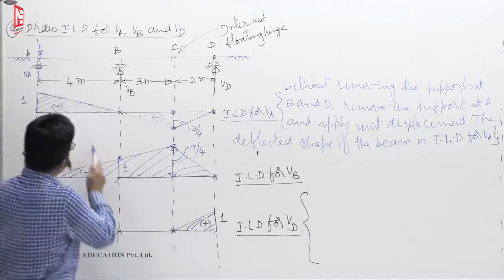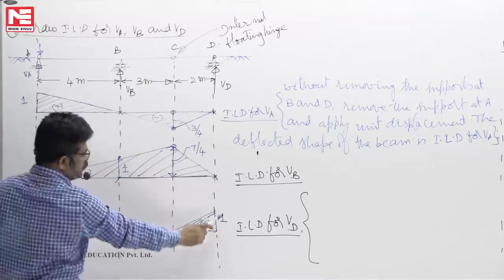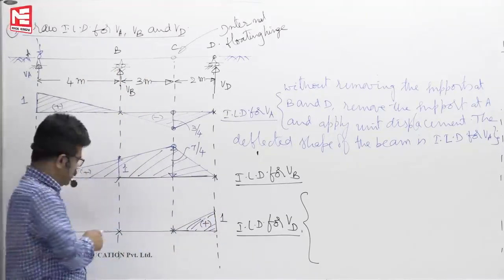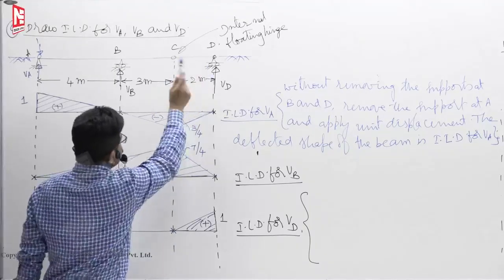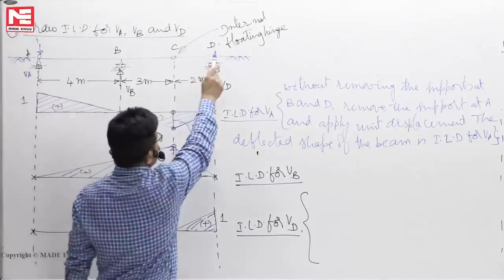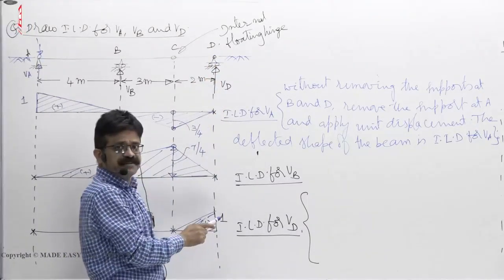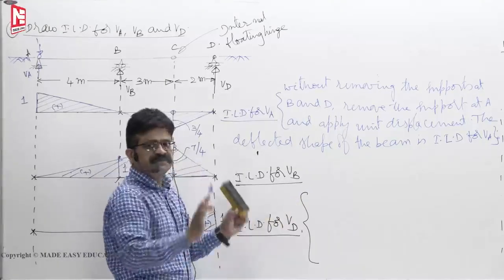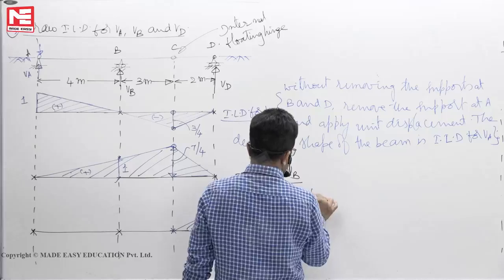That means as the load is moving from A to B to C, its influence on reaction at D is nil. See here, reaction is 0. But once the load crosses C, its influence on reaction at D is like this. When the unit load is at D, its influence on VD is 100%. When the load crosses, everything is over. So this is the process.